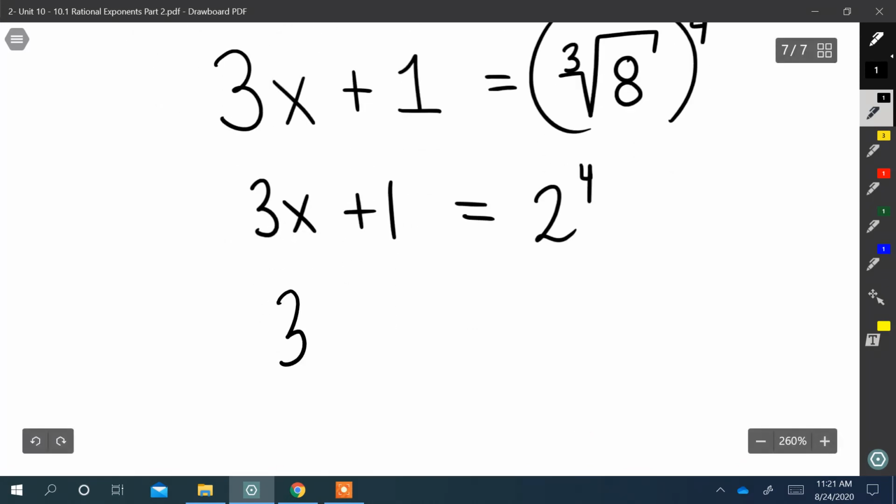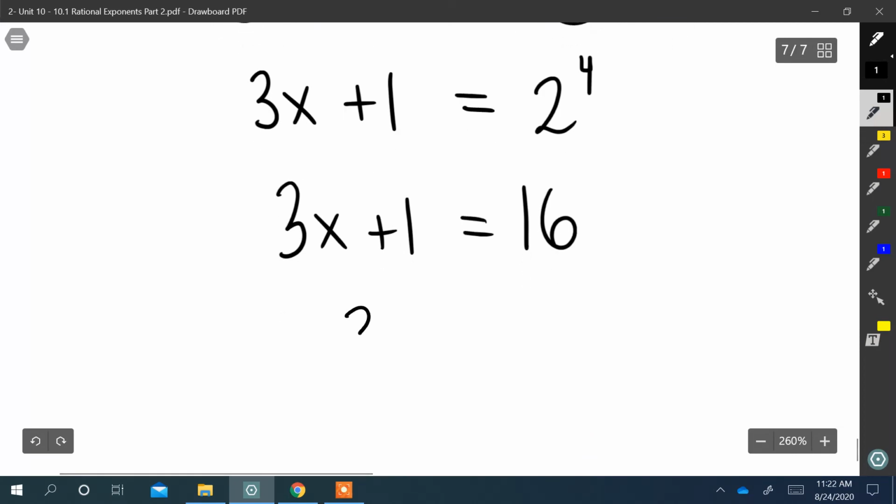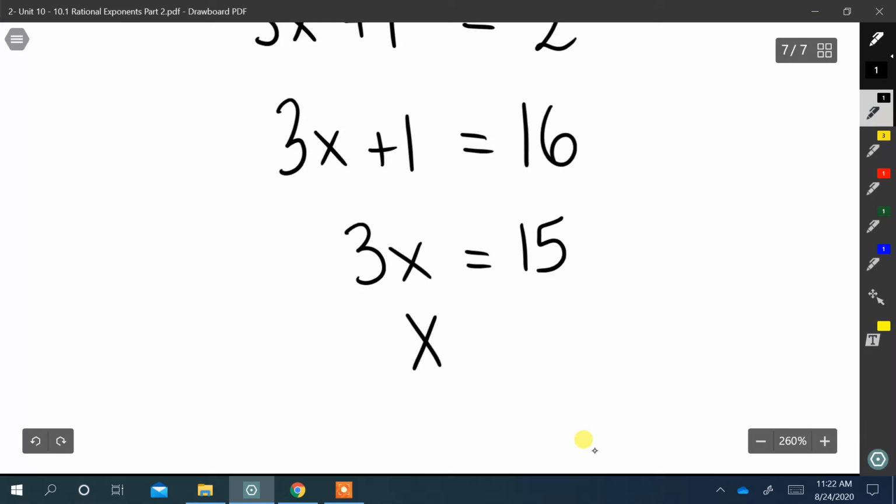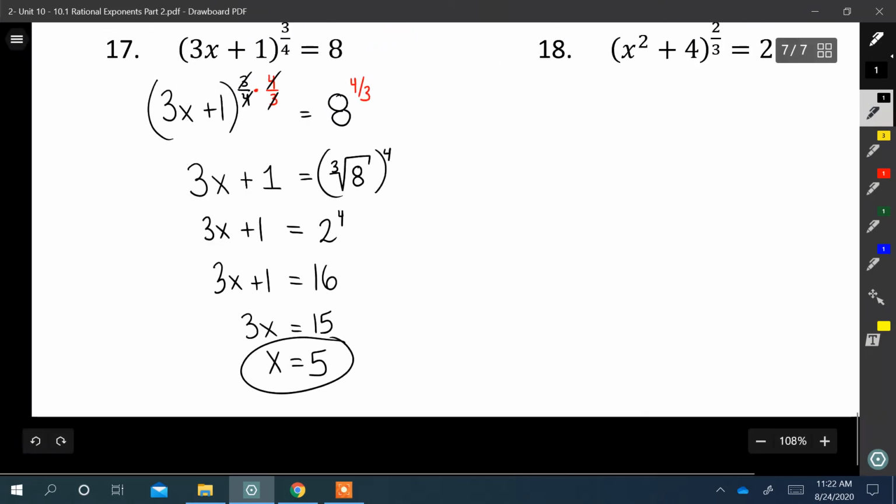And then 2 to the 4th is 16. We subtract 1 on both sides, we get 15. Divide by 3 on both sides, we get 5 as our final answer.